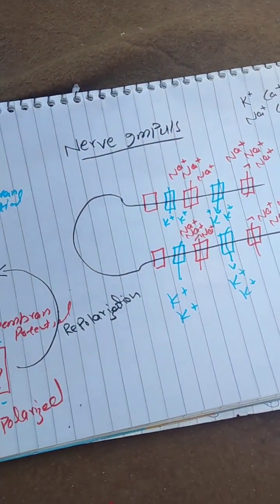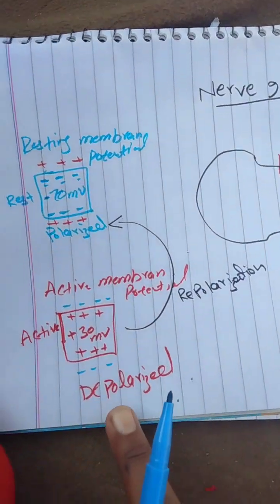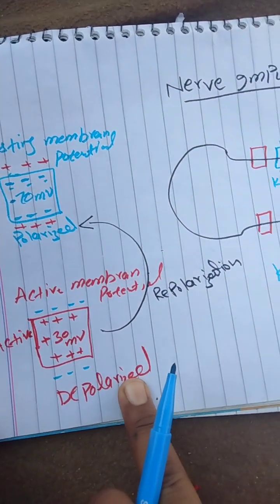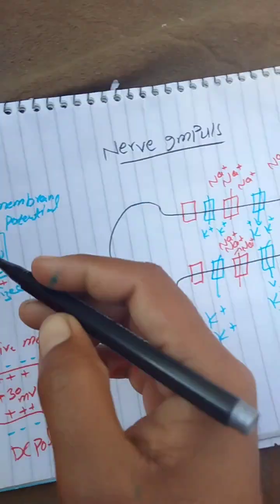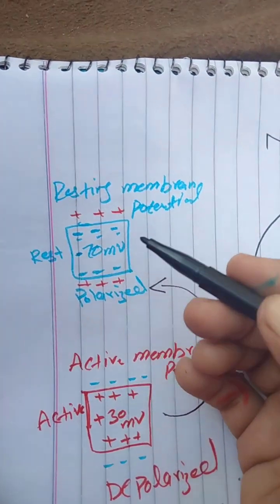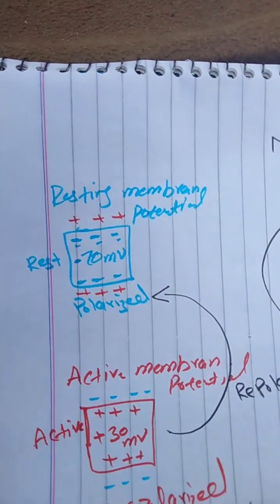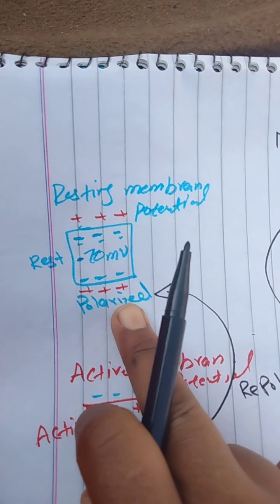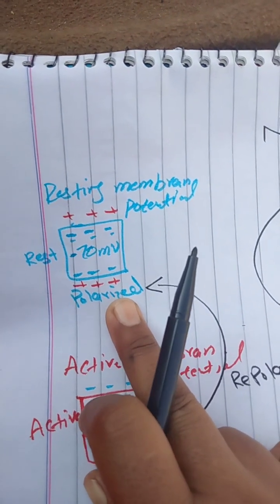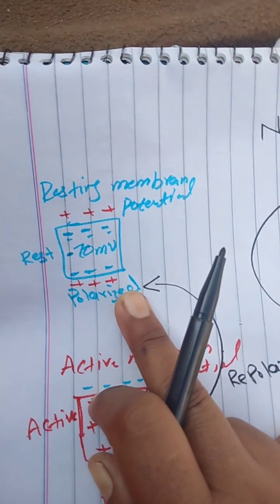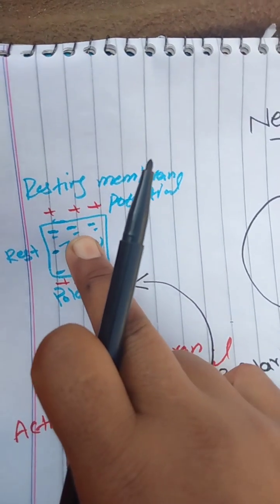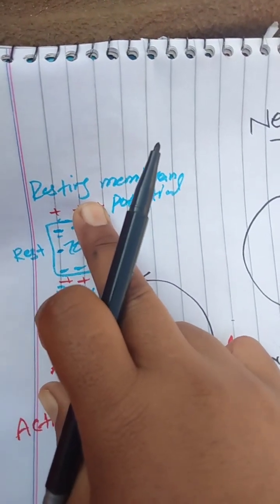Nerve impulse is generated in the depolarized condition. When a nerve cell is at rest, doing nothing, this is polarized. We name this polarized: negative inside and positive charged outside.